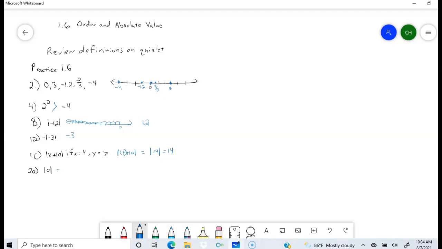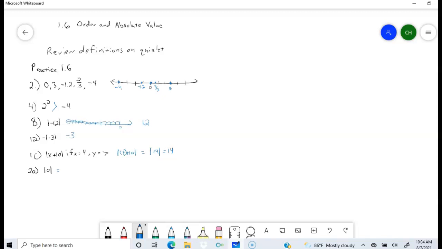Okay. Now it asked us in words. The absolute value is the distance a number is from 0 on the number line. Use this definition to explain why the absolute value of 0 is 0.